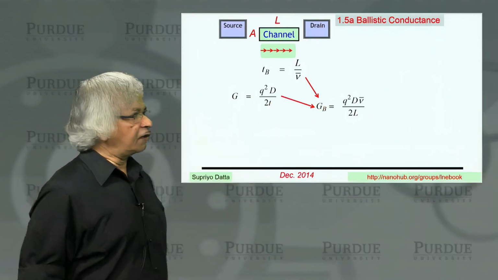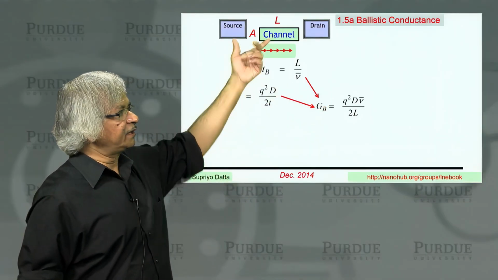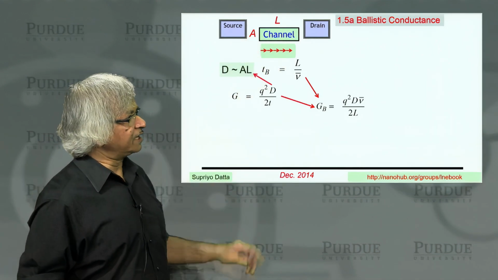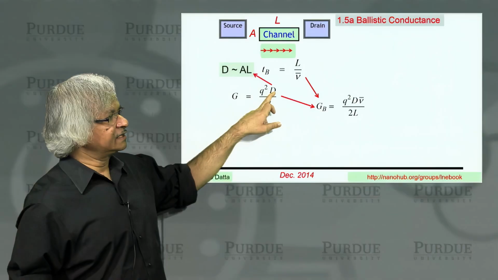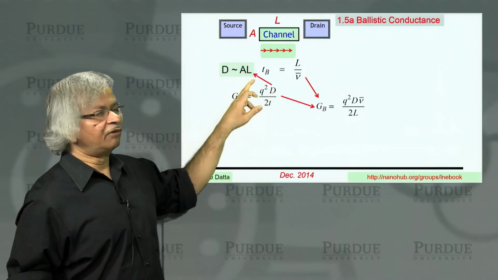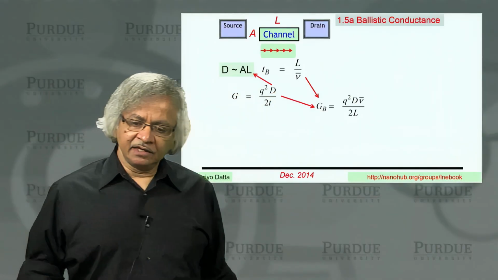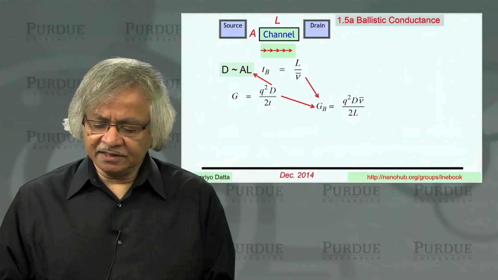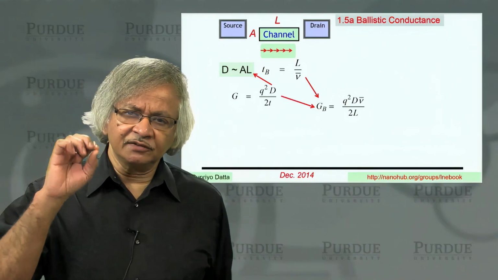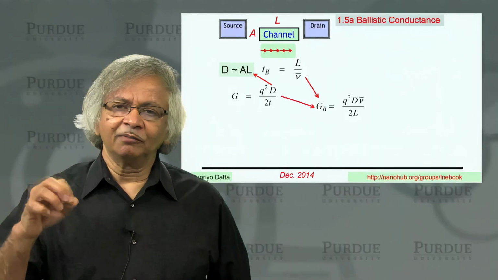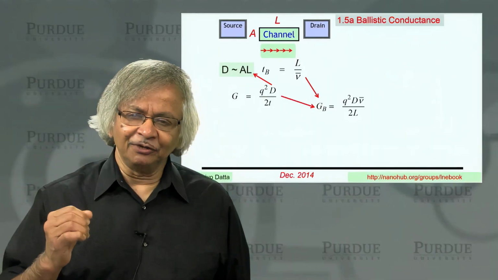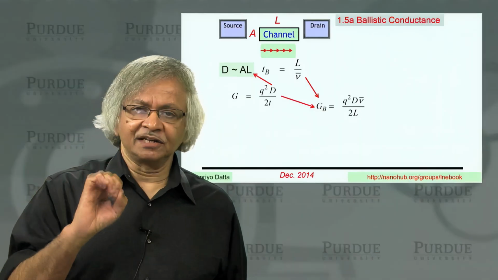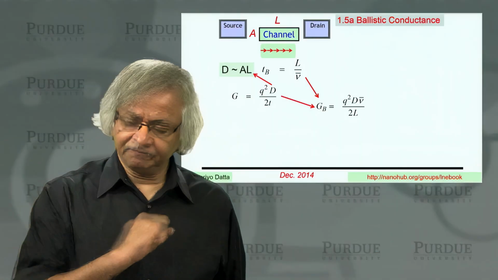Now, how does the ballistic conductance depend on the dimensions of the channel? Well, the first thing to note is that this density of states is proportional to the volume of the channel. Usually in large devices, people don't talk about density of states per unit energy. They talk about the density of states per unit energy per unit volume, in which case it's a constant value for a particular material.